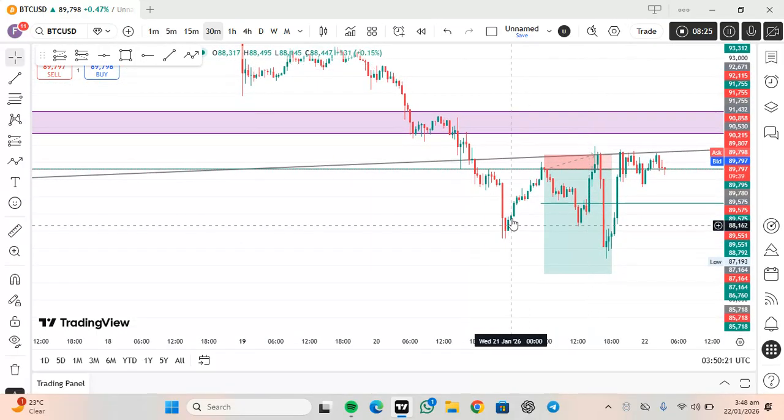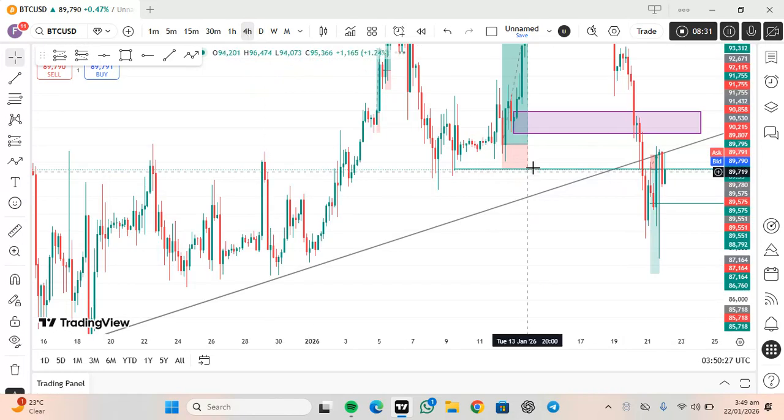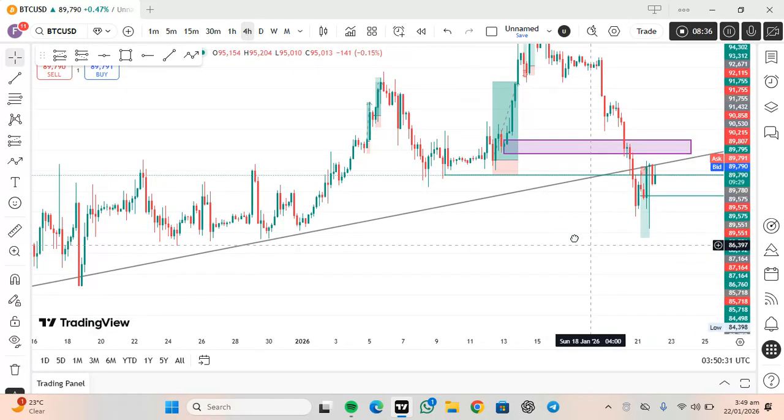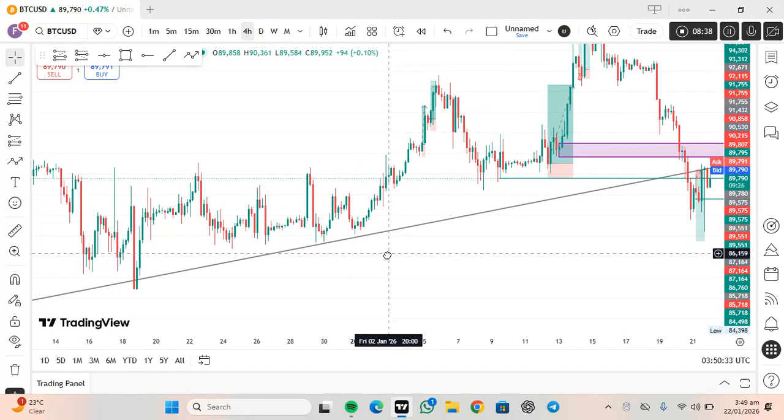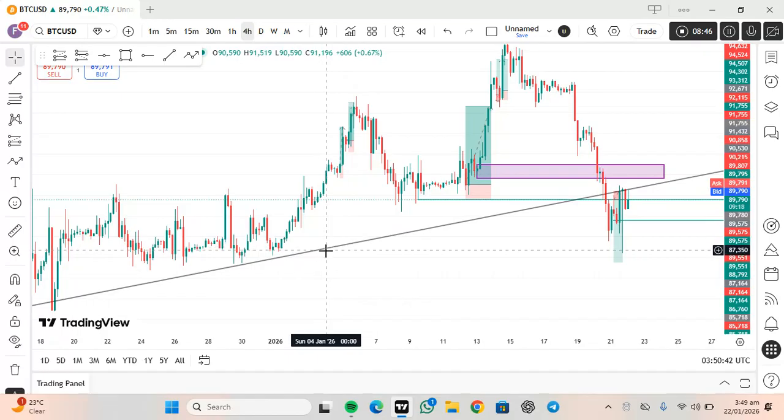As you can see, this is the 4 hour chart on BTC. So what happened? This setup is quite different from what I explained, but this was also a very good break and retest trade.